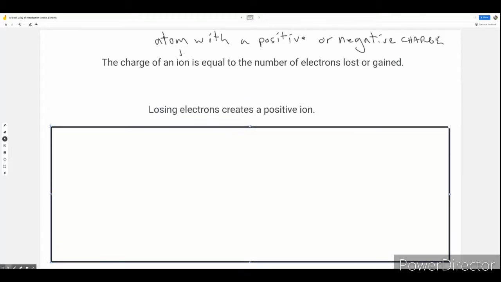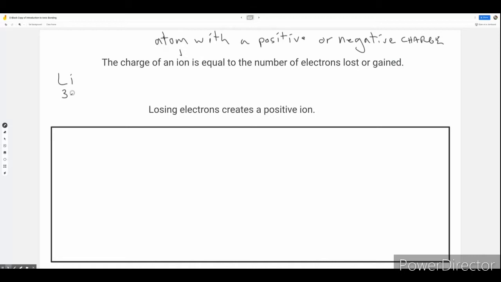So if you lose one or more electrons, starting with one, you turn into a positive ion, which might sound backwards. You're losing something. How does it become positive? You have to remember that the thing you're losing is a negative thing.